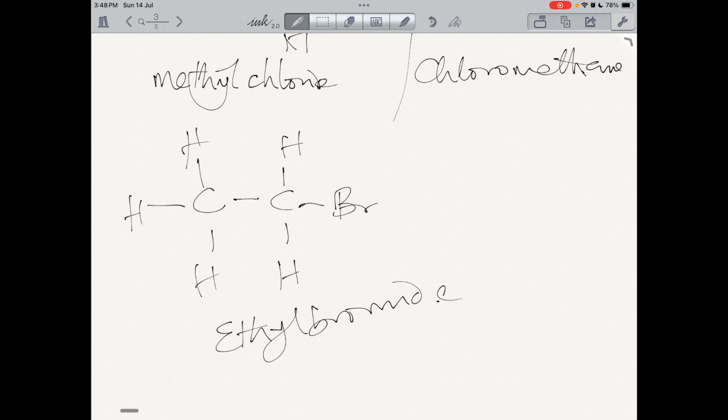But if you want to look at the IUPAC name, what would you call this? 1-bromoethane.